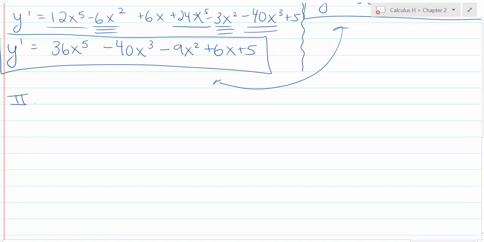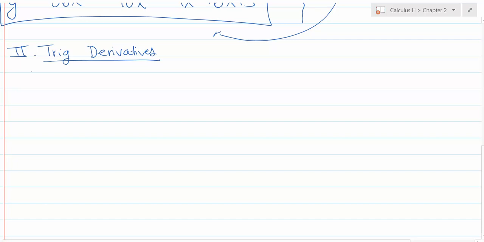A couple other trig derivatives we need to know. The derivative with respect to x, and we'll actually prove some of these tomorrow, of tan x equals secant squared x.